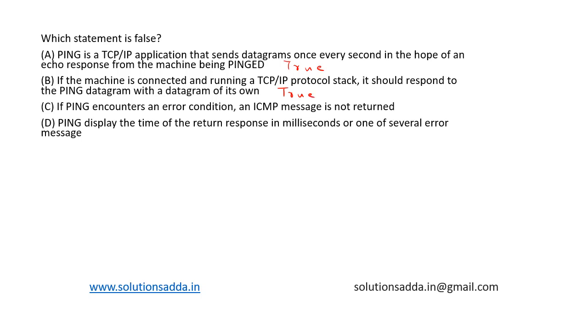Option C. If ping encounters an error condition, an ICMP message is not returned. This statement is false. An ICMP message is returned when ping encounters an error condition. Option D. Ping displays the time of the return response in milliseconds or one of the several error messages. This is also true. So we are asked to find out the false statement. Option C is the false statement and it is the right choice here.